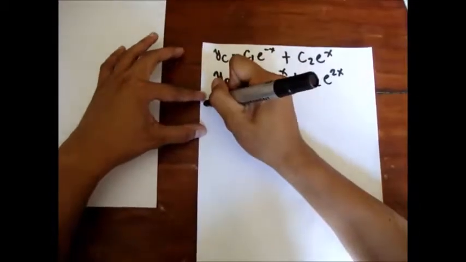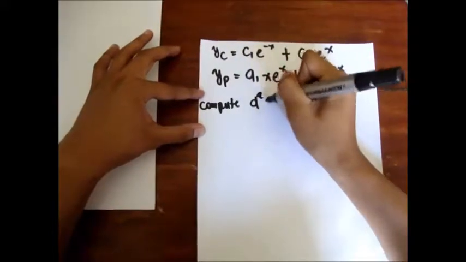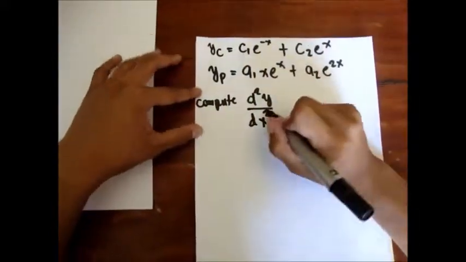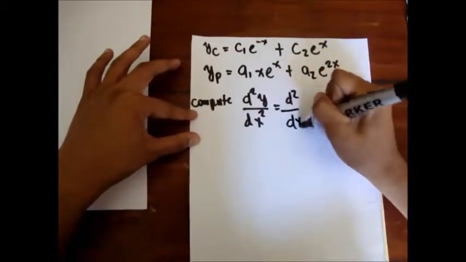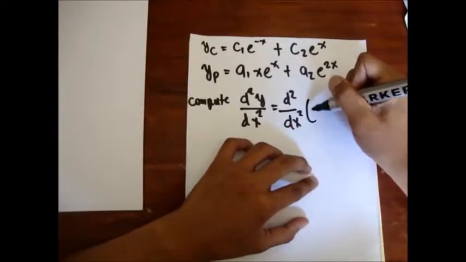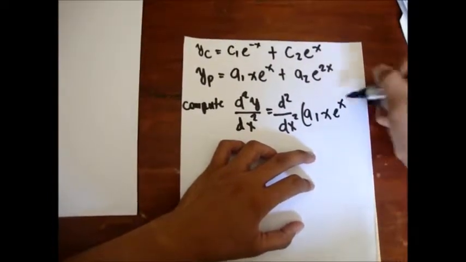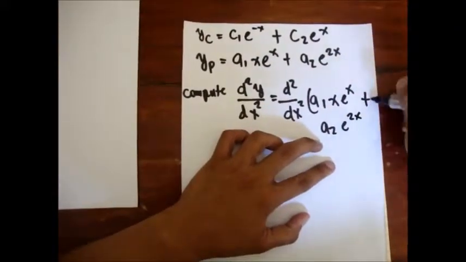Then compute d squared y over dx squared. So d squared over dx squared of our particular solution, a1 x e raised to x plus a2 e raised to 2x.